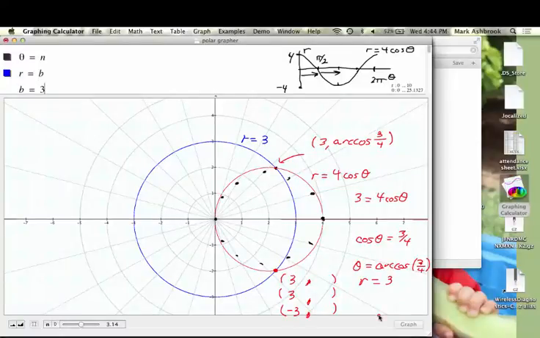Pi over 2 plus arc cosine, and then negative. Or you add pi. This doesn't split it halfway, right? This is further towards the top.